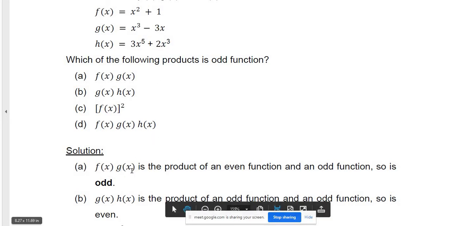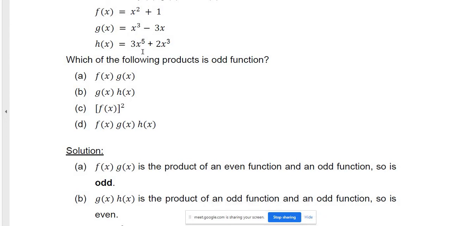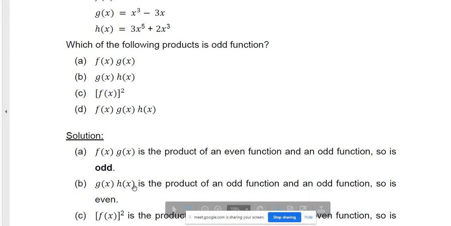So f and g is the product of an even and odd function, so it's odd. This refers to the properties: product of even and odd, you get odd. Next is g and h. G is odd and h is odd, so the product of two odd functions is even.